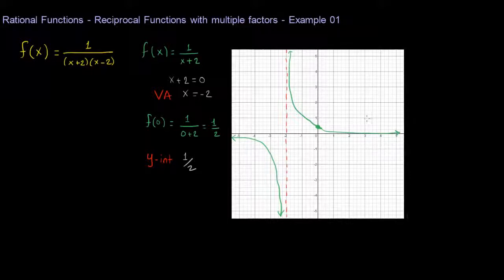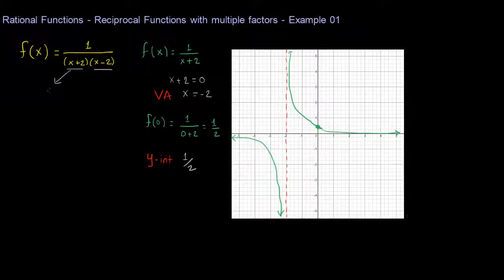Now that we got that, I'm going to start sketching this other function. I'm going to start by getting the vertical asymptotes. But notice something, as we have two factors here, instead of only one vertical asymptote as in this case, we would have two vertical asymptotes. One from this factor and another one from this other factor.